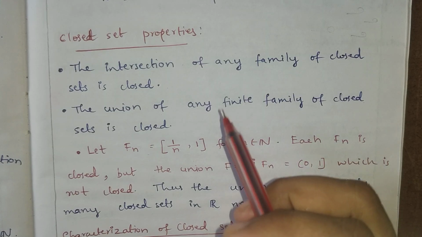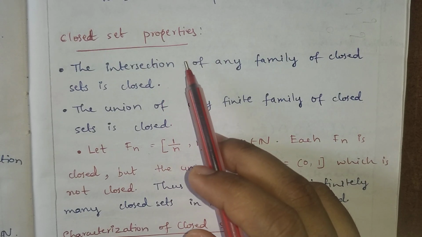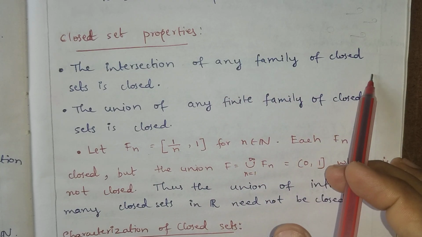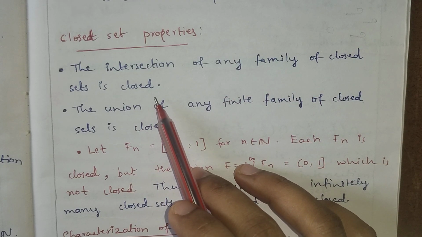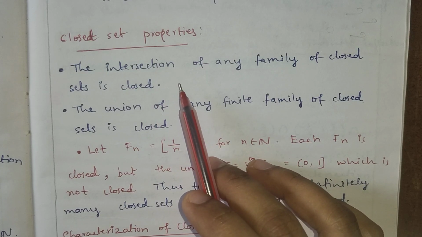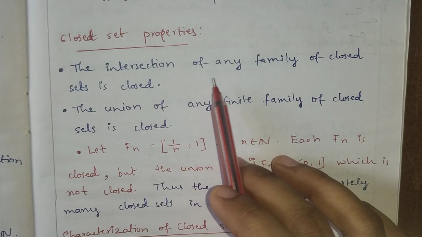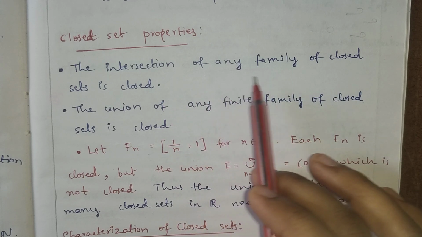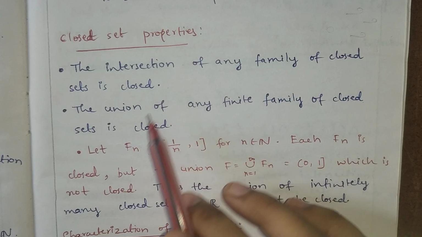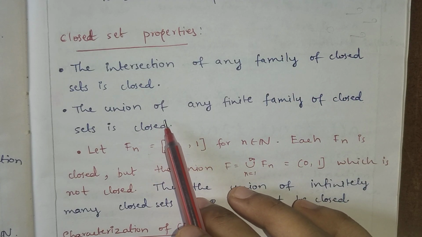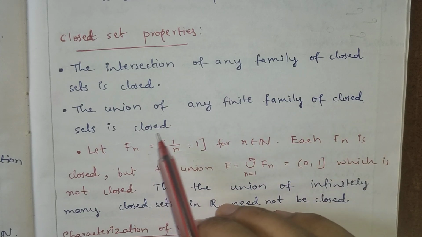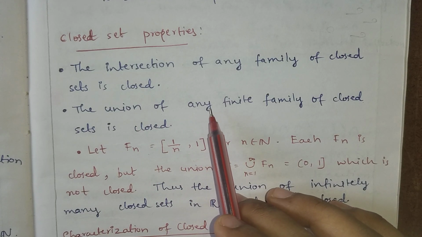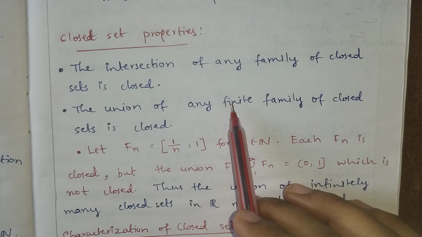Now, what about closed sets? Closed set properties. The intersection of any family of closed sets is closed. In the case of open sets, the intersection of a finite collection of open sets is open, but in the case of closed sets, the intersection of any family of closed sets is closed. Also, the union of any finite family of closed sets is closed, but in the case of open sets, the arbitrary union of open sets is open.